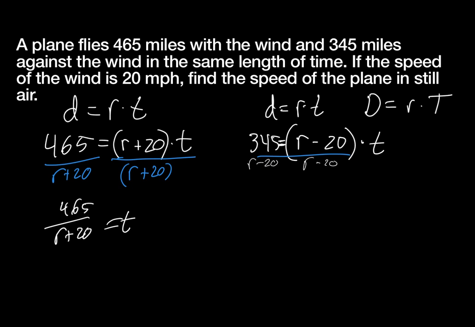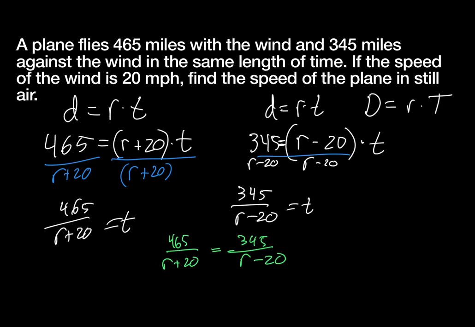So I will have t equals 345 over r minus 20. And up here they said they had the same length of time, which means this time is the same as that time, which means 465 over r plus 20 is equal to 345 over r minus 20.